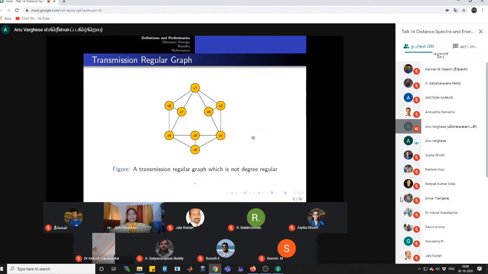This is an example. This is a transmission regular graph but not degree regular. The vertex V2 has degree 3 but the vertex V1 has degree 4, but we can find the distance matrix and find the row sums and we can see that it is a transmission regular graph.